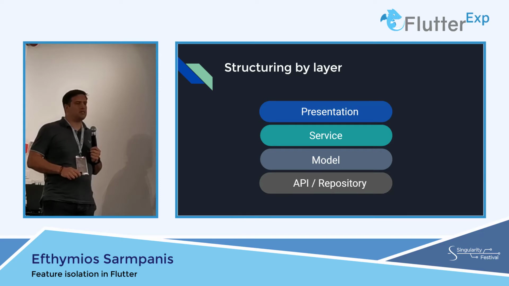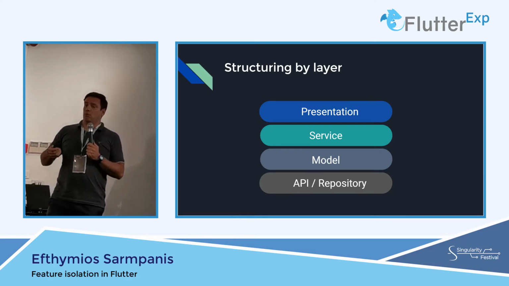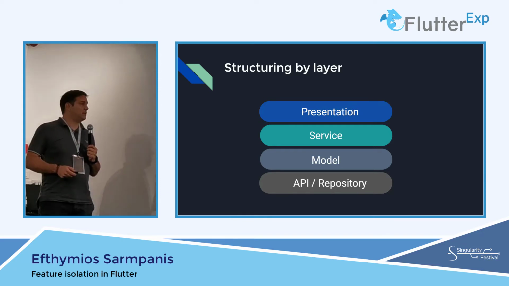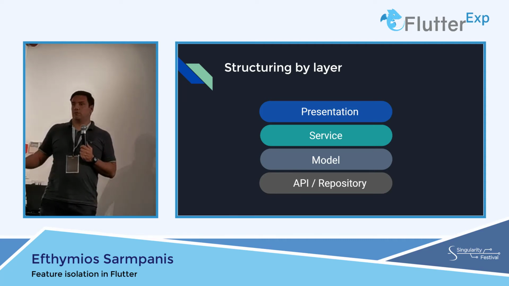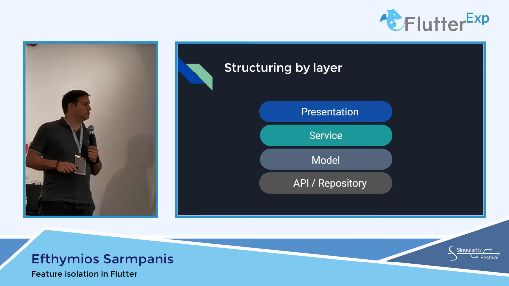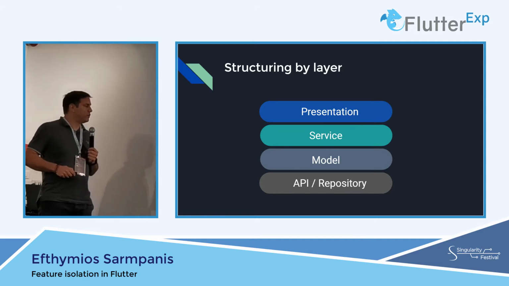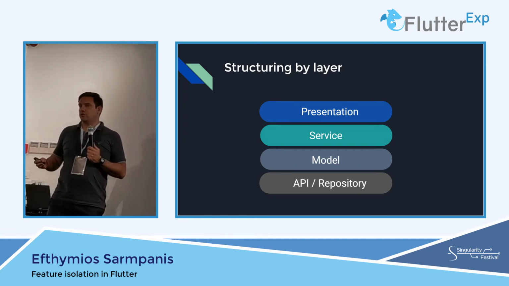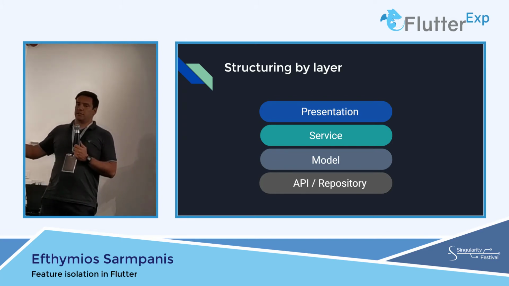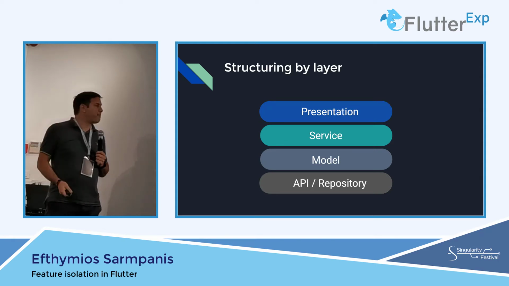So you have the presentation layer, with all the pages and all that you see on the screen. Services that take care of the UI logic. The model, that's a description of the data you're getting, and of course the API/repository, which has all the communication with either a data store or a REST API.